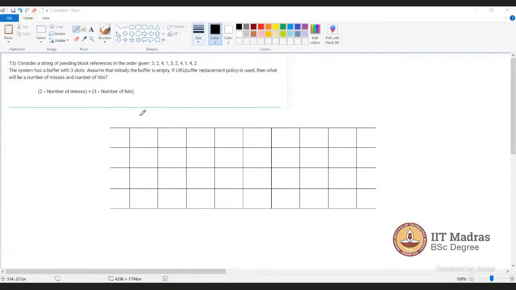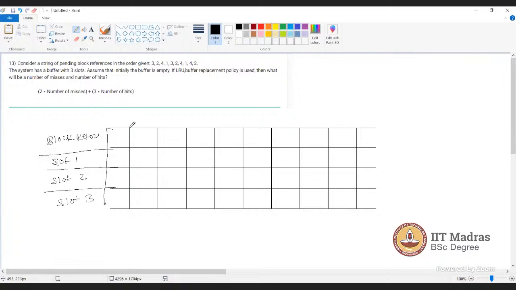Let's look for 3. 3 will not be found, so add 3 to the buffer. Then there is slot 1. First we'll try to find 3. It's not there, so we'll add it to the buffer. So 3 will come. First miss.